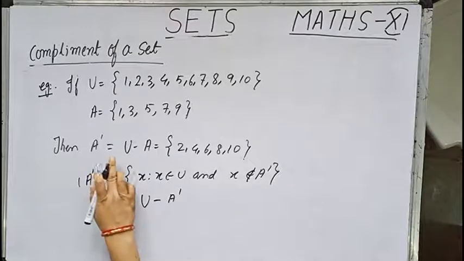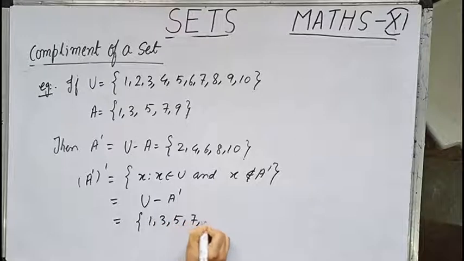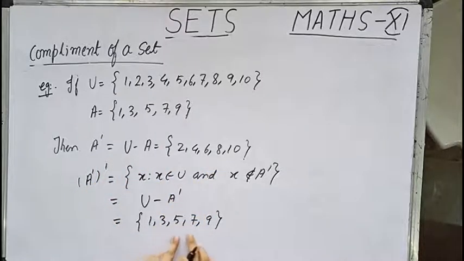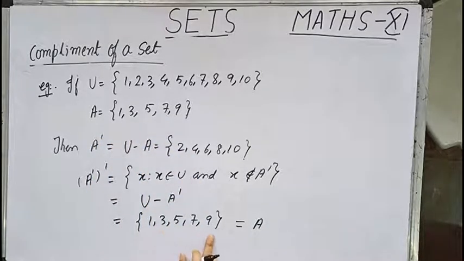Now U minus A complement will be equal to the set containing 1, 3, 5, 7, 9, and this equals the set A. Thus we get that the complement of A complement equals A.